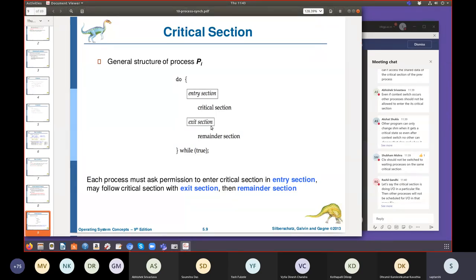Where again, what do you think is the purpose of the exit section? What do you think PI should do roughly, intuitively? What should PI do in the exit section?